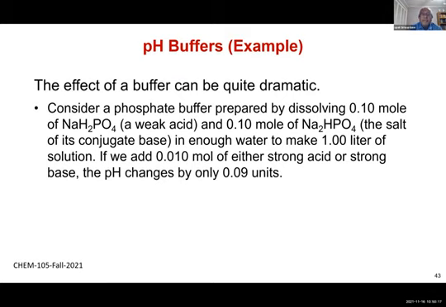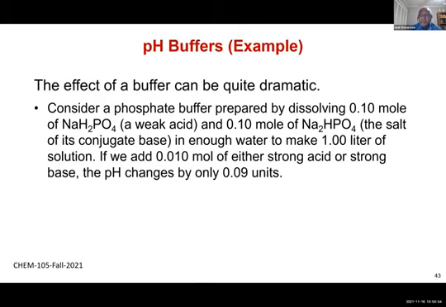Like the acetate buffer, it has a weak acid, sodium dihydrogen phosphate, which has acidic hydrogen, and its conjugate base, sodium hydrogen phosphate.